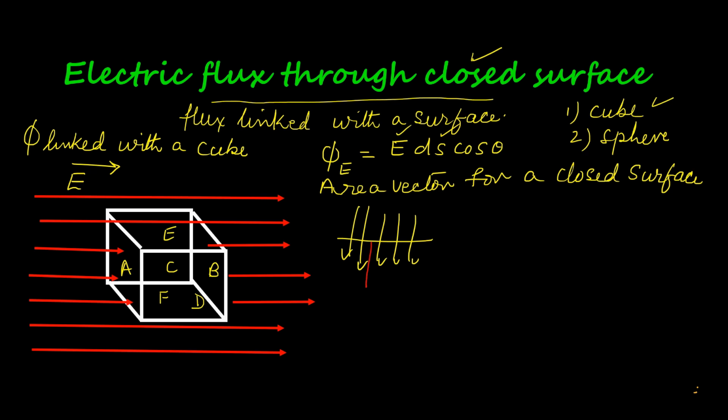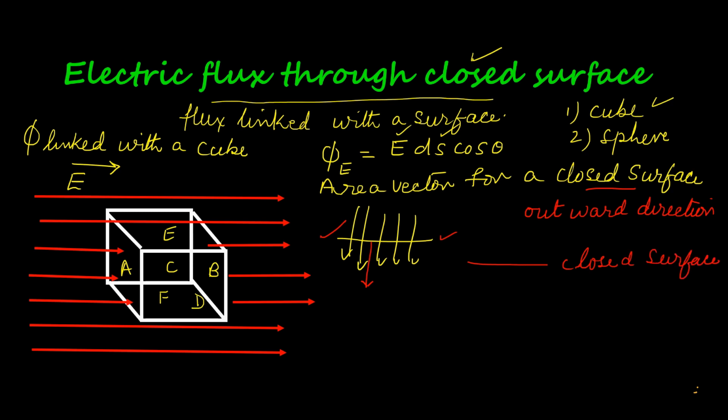For an open plane surface, we considered the inward direction. By convention, in the case of a closed surface, the outward direction is taken. For a closed surface, the direction of the area vector, that is the direction of the perpendicular drawn to the surface, is taken as the one towards the outside.